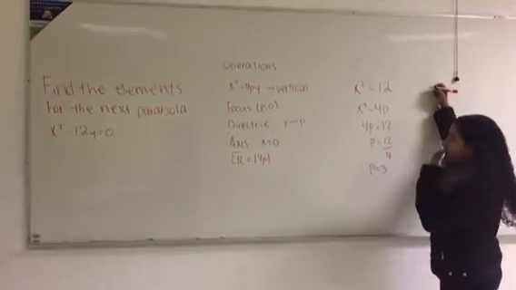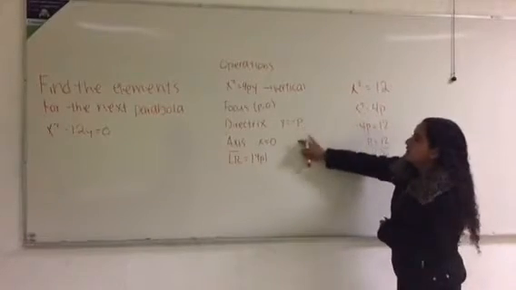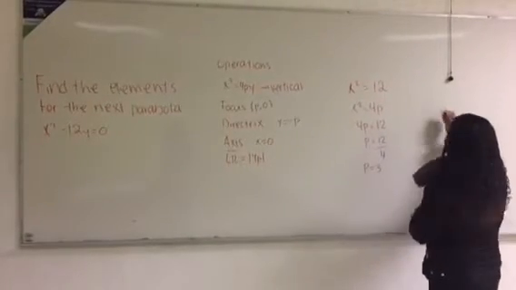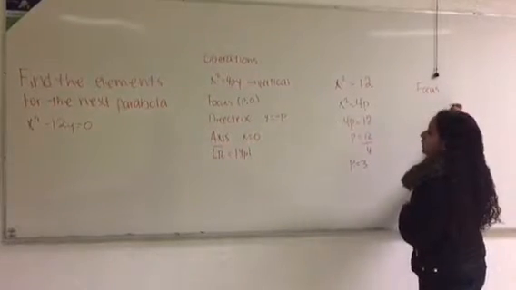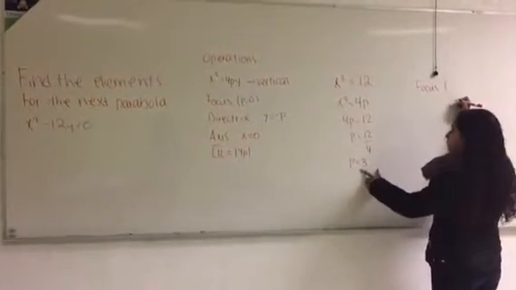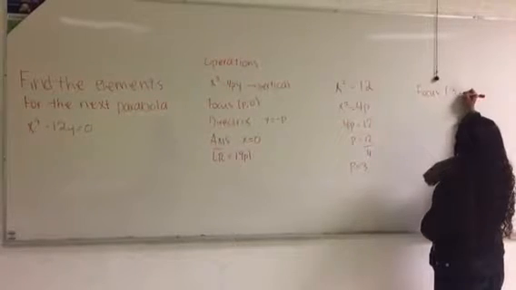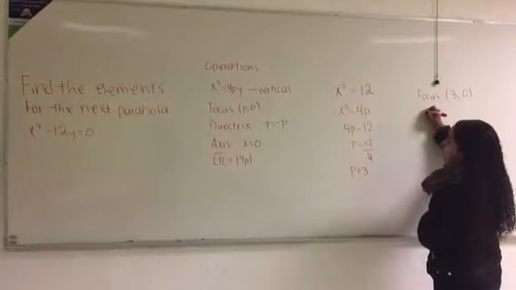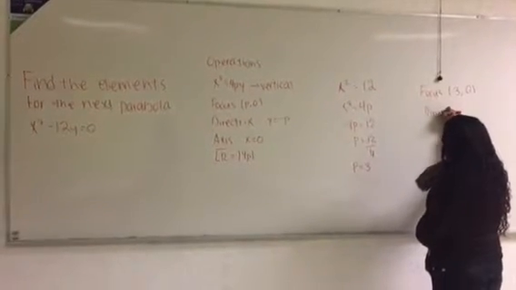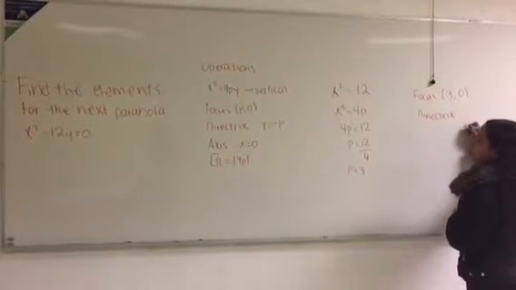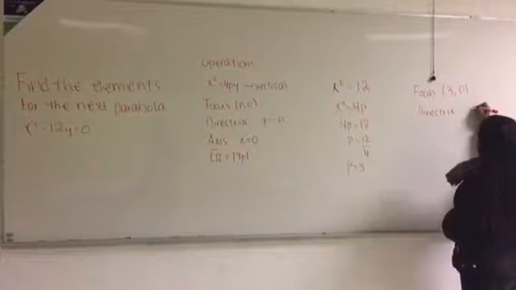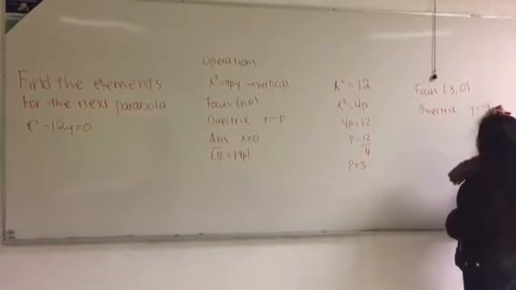So the elements are the focus, the directrix, the axis, and the latus rectum. For the focus, we know that it is equal to 0 comma p. So p is 3, so we are going to put 0 comma 3. The directrix is equal to y equals minus p, so we are going to put y equals minus 3.